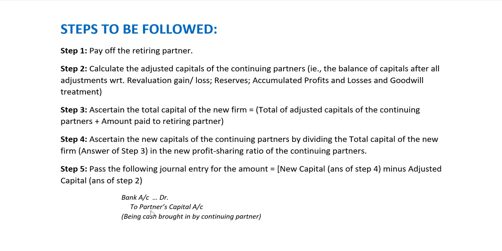Narration being cash brought in by the continuing partner. So these are the 5 steps that need to be followed in this fourth method of adjustment of capital at the time of retirement of partner. We'll continue to solve an example sum to understand the concept better.